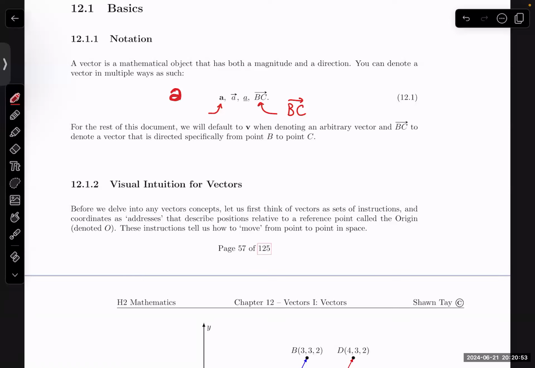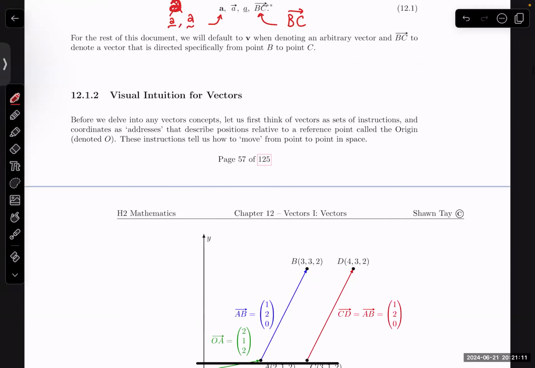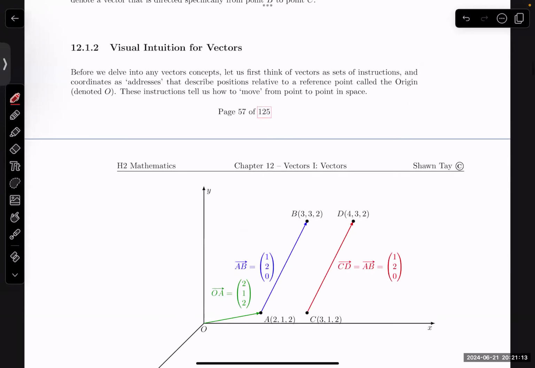To make it bold, we just write the letter normally, and then we put a tilde underneath. If you're extra lazy like me, you can just underline it. It doesn't really matter. So this is just how we denote vectors.